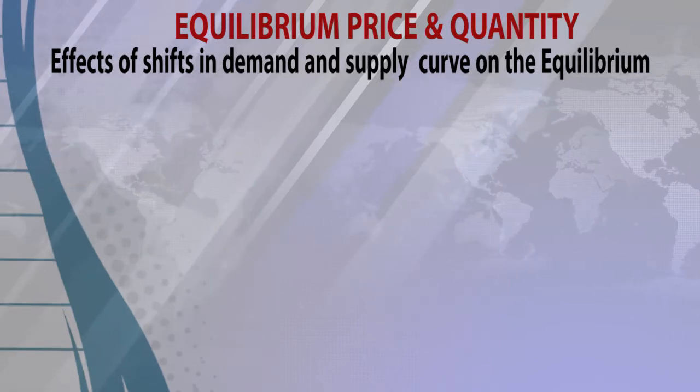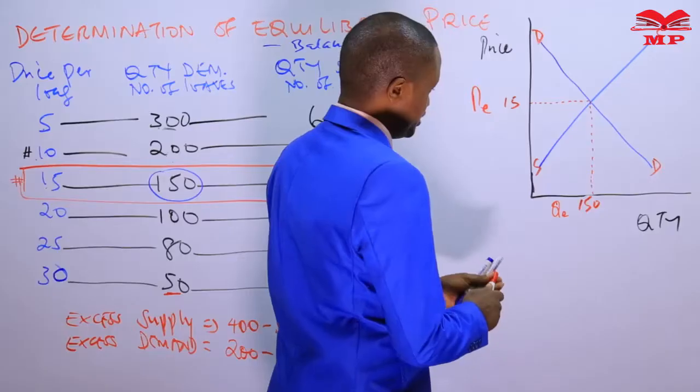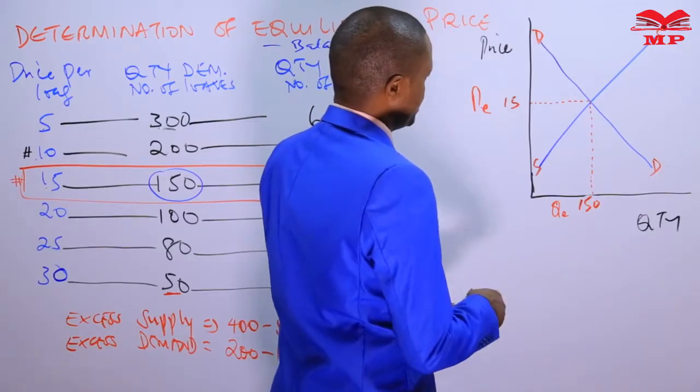Because remember, we say that there is excess demand. Maybe we need to indicate how that demand arises.